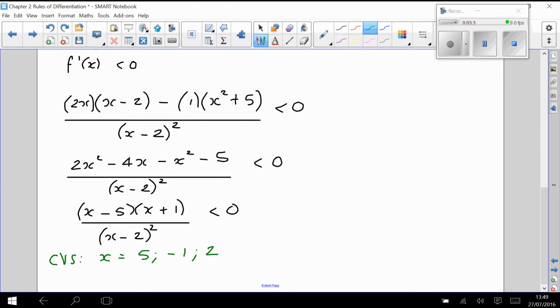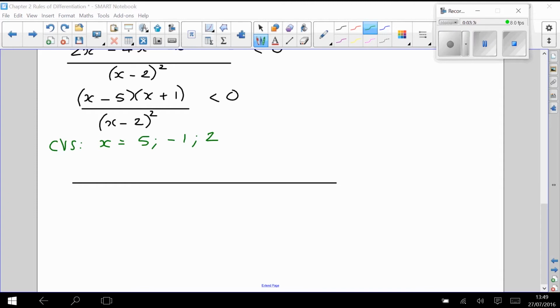My next step is to take these critical values and to plot them on a number line. As minus 1 is the smallest number, I plot that the furthest to the left, and then 2, and finally 5. The next thing that I've got to do is look at my sign, and I want to find the decreasing intervals.